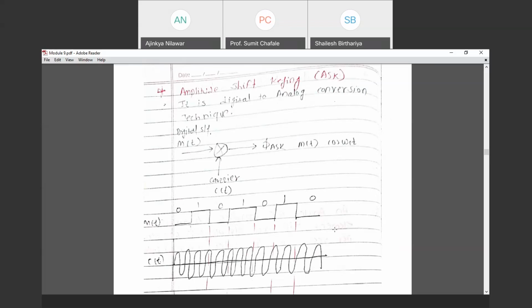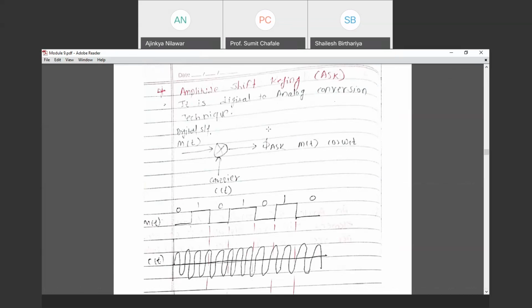If you are auto-tuning your set-top box, it is mentioned as 256 QAM. QAM stands for quadrature amplitude modulation, in which the concepts of ASK and PSK are clubbed. How they are clubbed, we will come across. So we will start with ASK.